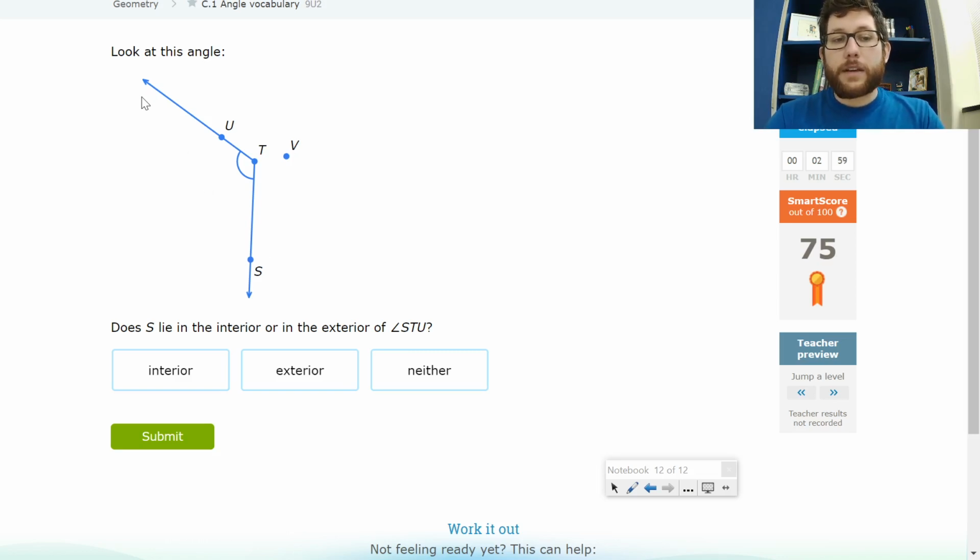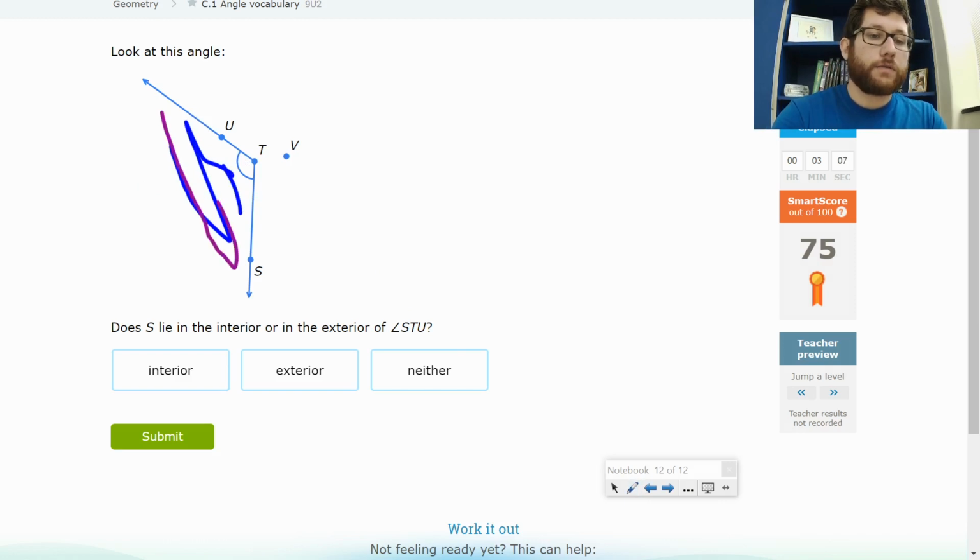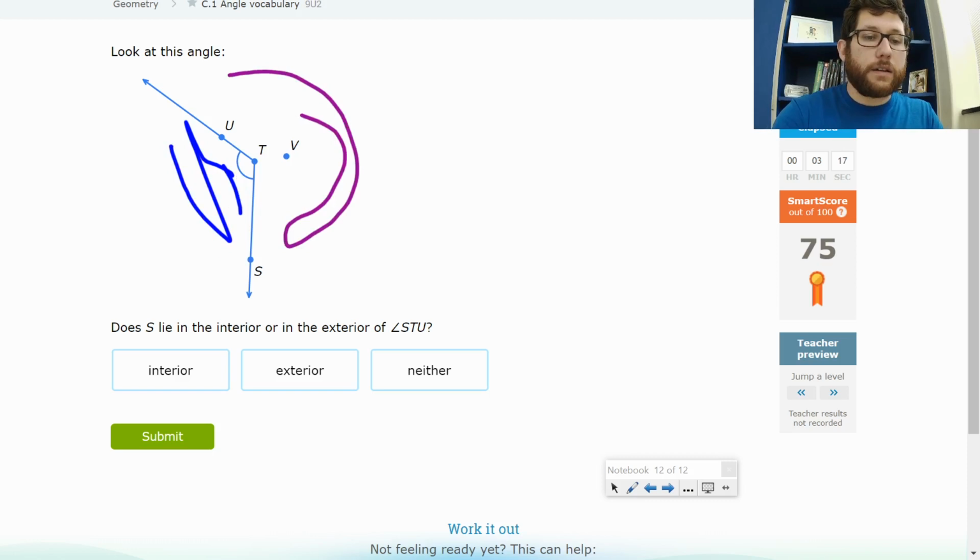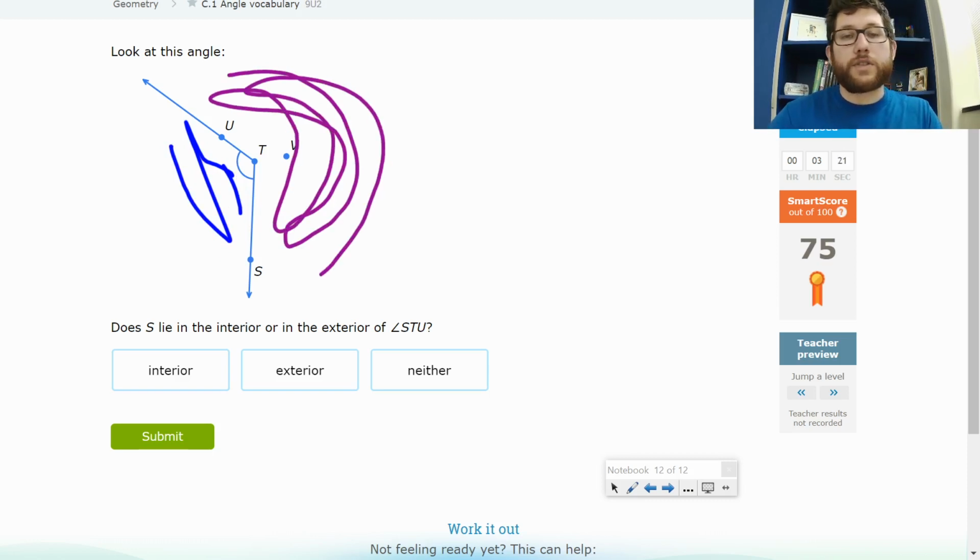If it's on the interior of the angle, you can think of any of this area right here. Any of that area is on the interior of the angle. Anything in the blue area is interior. Anything out here is exterior. Notice the little curved line tells me interior versus exterior.